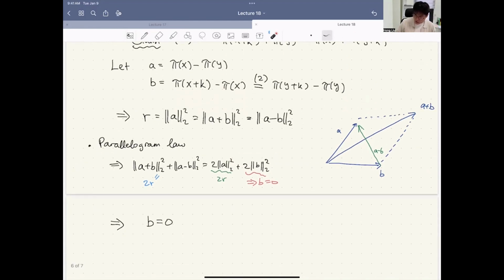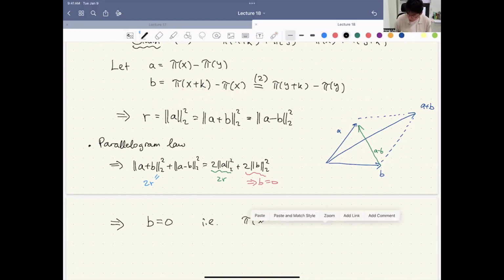This implies, if B is 0, and remember, that implies K must be 0. B equal to 0 means these two are the same, i.e. pi of x plus k equals pi of x. But this pi, the projection associating grid points to the high-dimensional grid, is a one-to-one correspondence, is injective in particular.